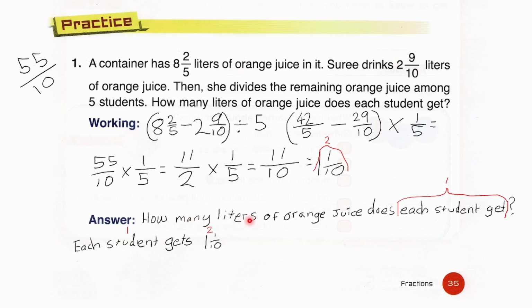It's litres. How many litres? Okay, so the answer is litres of orange juice.